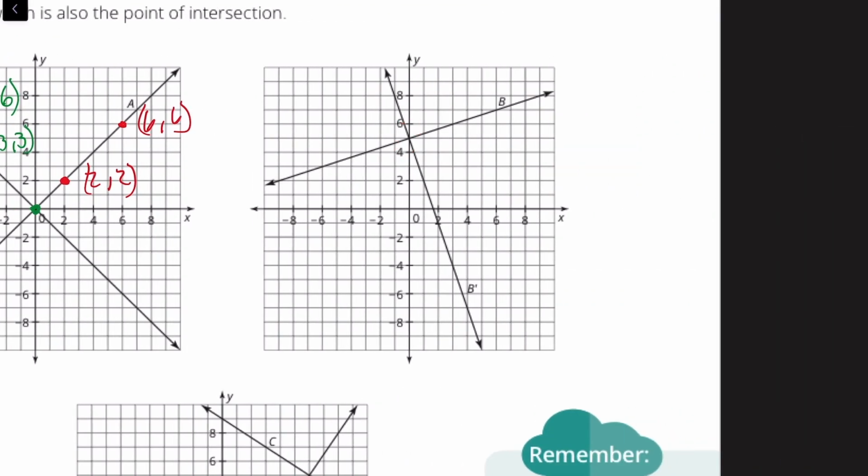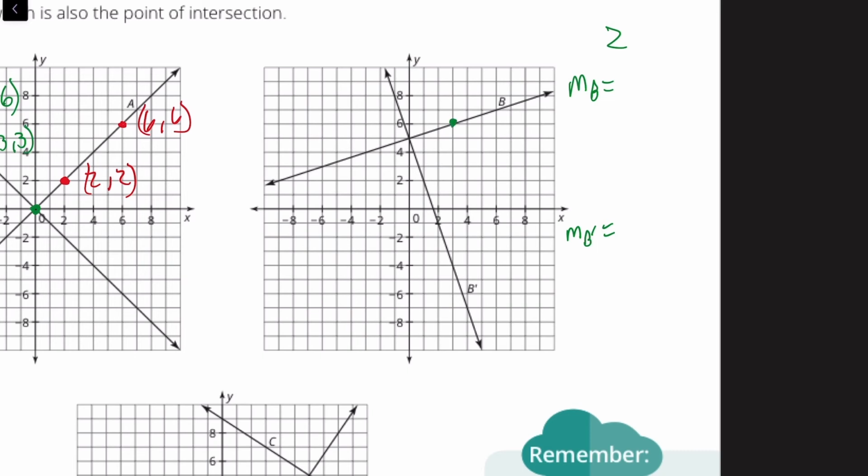I want you to find the slope for the second graph. Find the slopes of regular b and find the slope of b prime. Since this is the second example, I'll pick the points for you.